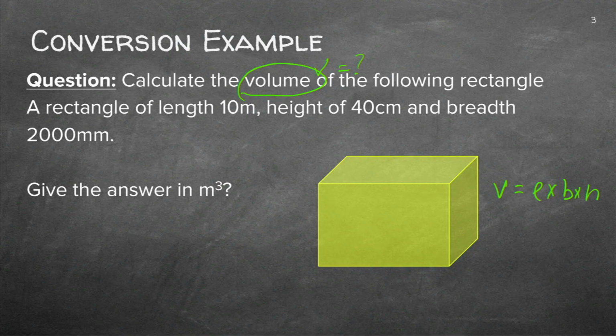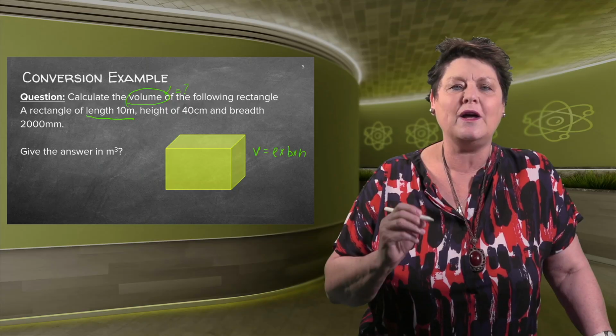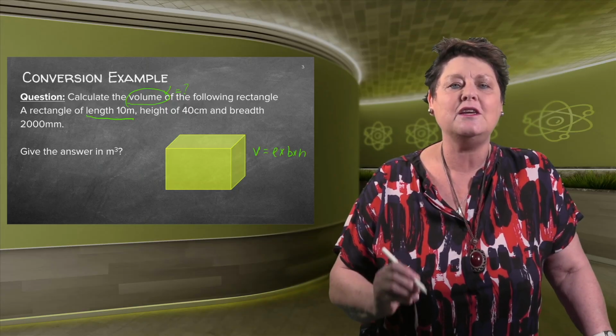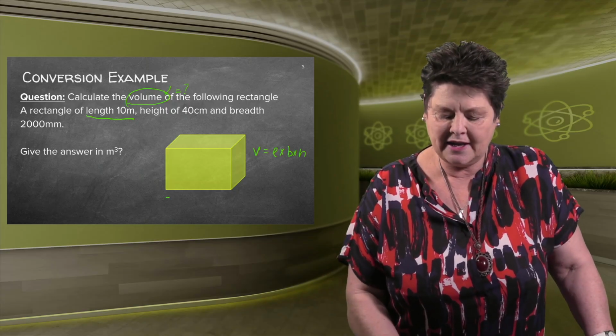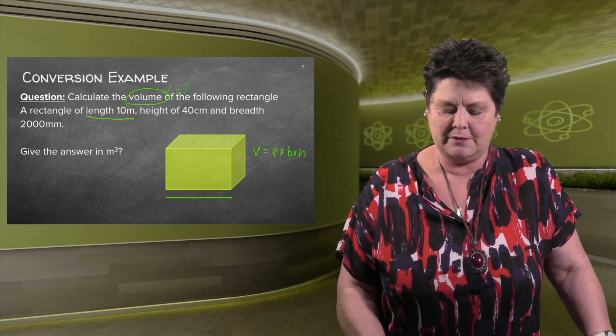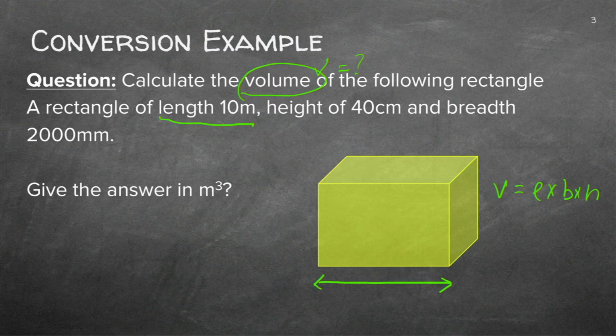So what do they give me of the rectangle? They say to me the length is 10 meters. Now you always do physical science with a pen in hand and you draw a diagram so that you can actually see what you are doing. So let's say that is what they're giving me. That is the length and that is 10 meters.